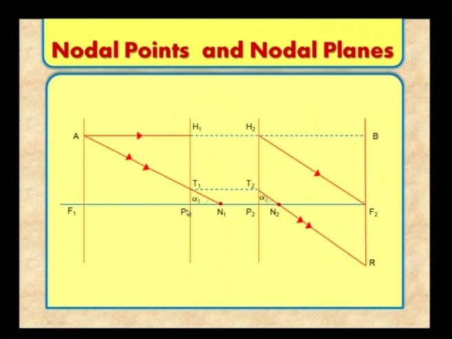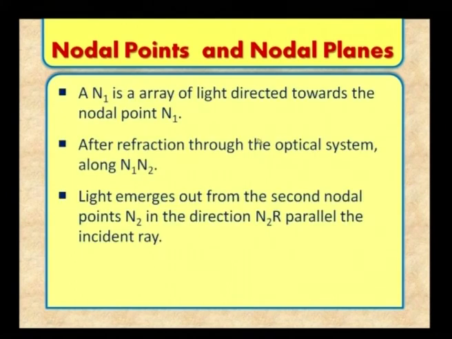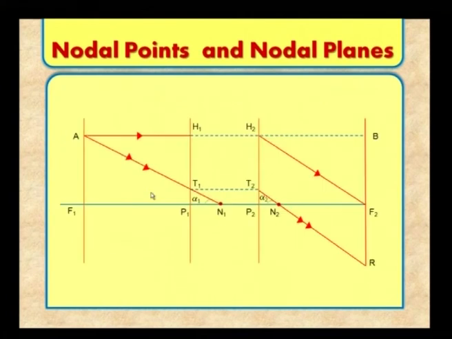So, AN1 is a ray of light directed towards the nodal point N1. After refraction through the optical system along N1, N2, light emerges out from the second nodal point N2 in the direction N2R parallel to the incident ray.